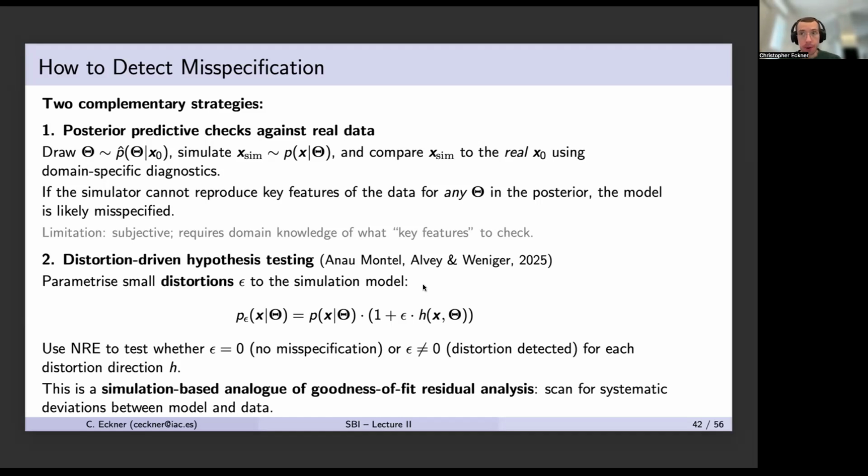You can also ask whether there is misspecification, with epsilon equals 0, or a non-zero epsilon in your simulated observation. Then you can turn the simulation-based estimate for a ratio into a goodness of fit residual analysis. This is basically the idea behind it.